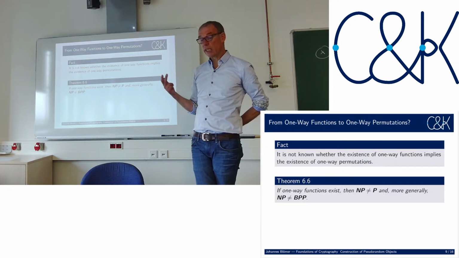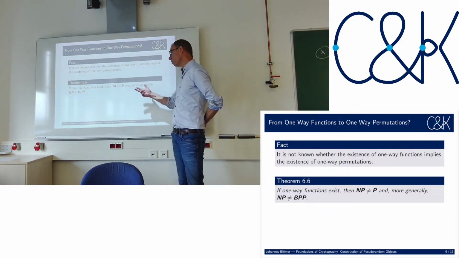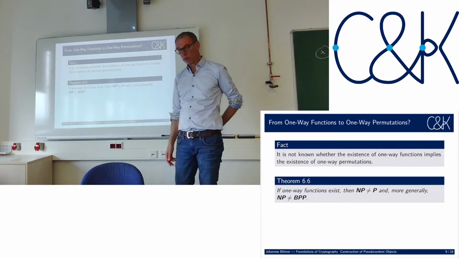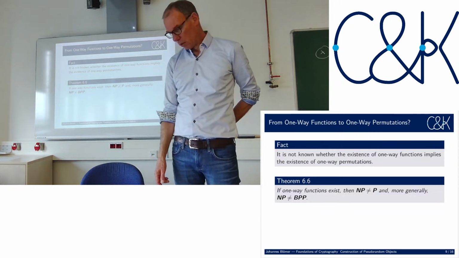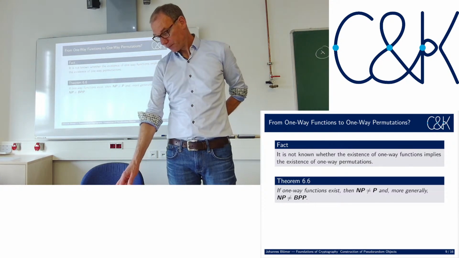But this at least shows that assuming the existence of one-way functions is a strong assumption, but also a very reasonable assumption. Many indications are there that one-way functions do exist.